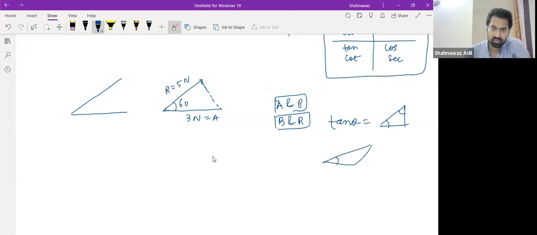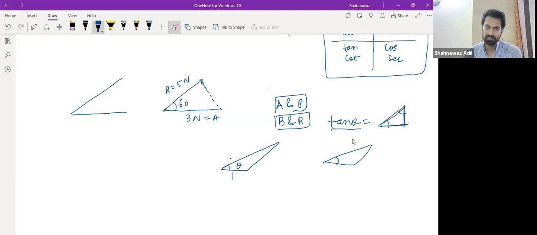Let's say this is not a right angle triangle. Let me draw this kind of triangle. Do we have a tan theta for that? No, sir. Whenever we use the tan theta, the triangle should be a right angle triangle.